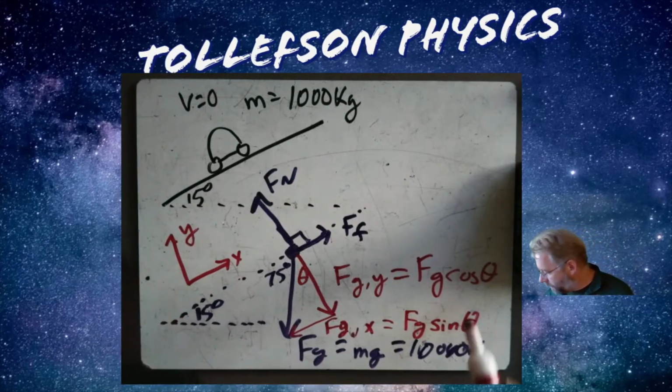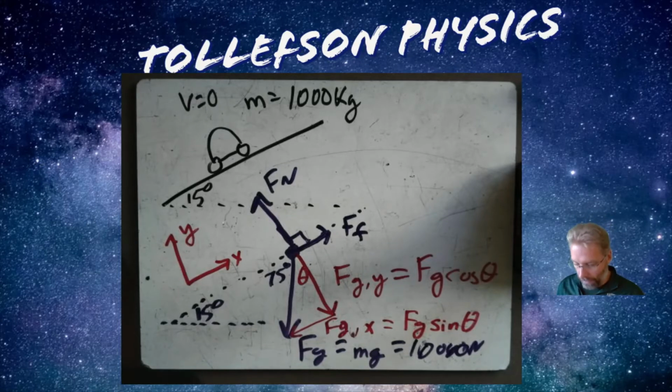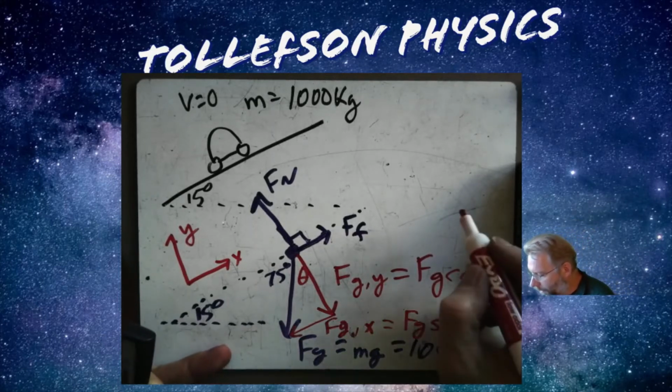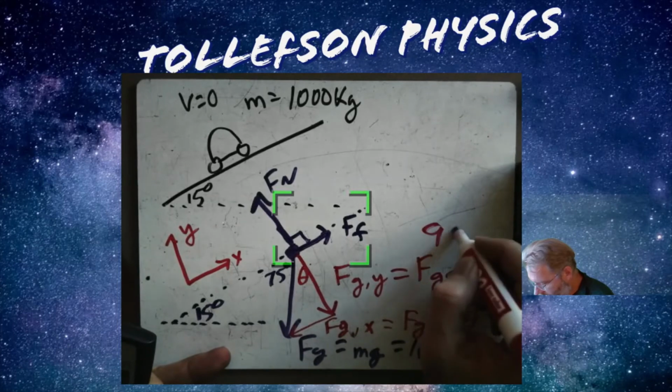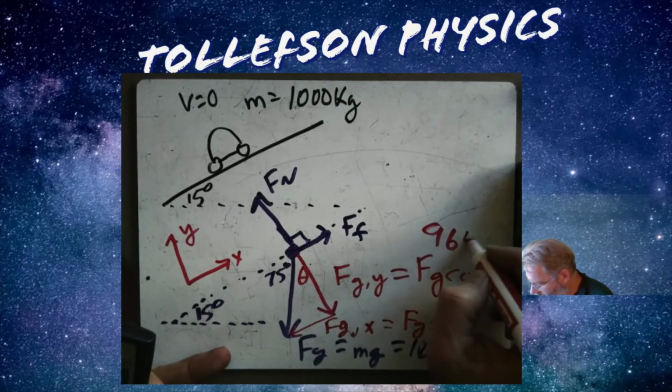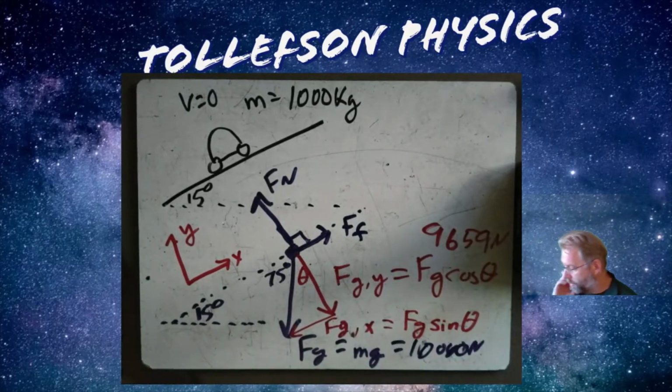So what I'm going to have to do here is take FG times the cosine of 15 degrees. So let's go ahead and do that. 10,000 times cosine 15 degrees. And that gives me a number that we'll round to the nearest whole number.